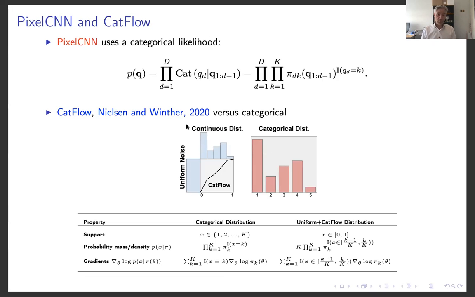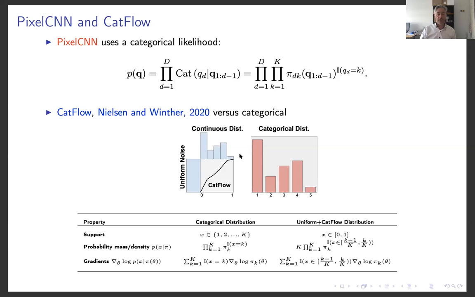What my PhD student did was realize that you can actually make this into a flow by the following operation. You assume that your prior distribution, or your latent for each dimension, is just a uniform distribution.